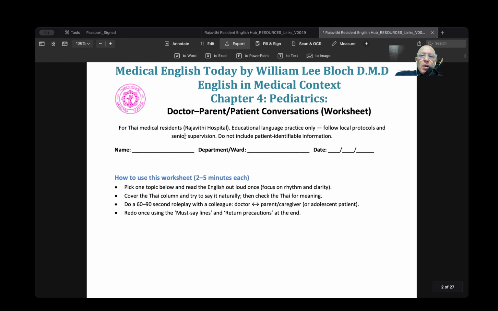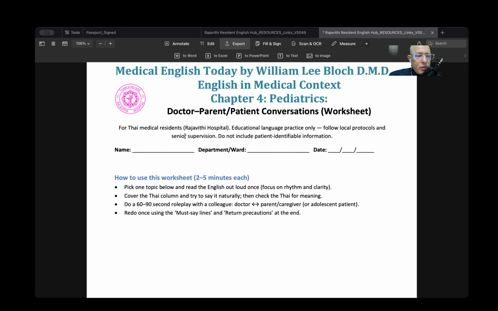This is created from ChatGPT, and the idea for this comes from a book which is quite dated that was published utilizing Thai language and English language in various specialties by Dr. Nopadon from Ramathibodi Hospital.